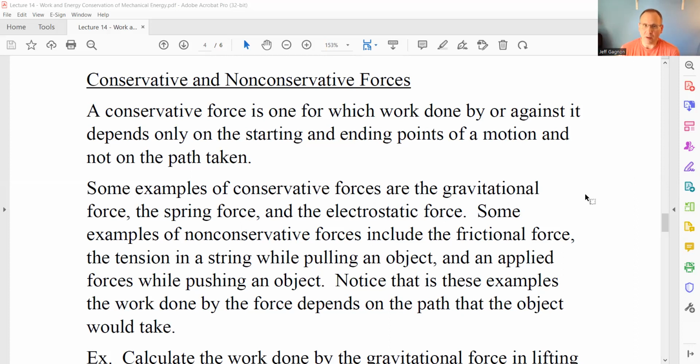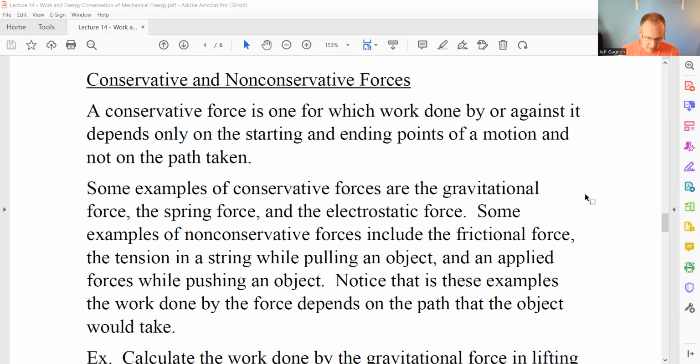So a conservative force is one for which work done by or against it depends only on the starting and ending points of motion and not on the path taken. It doesn't depend on the path that's taken.